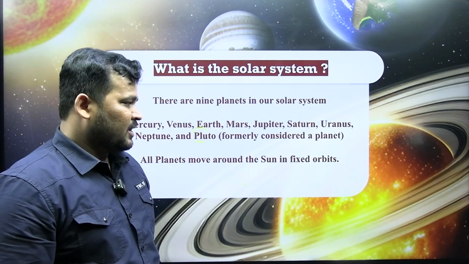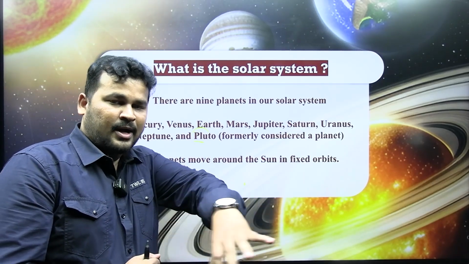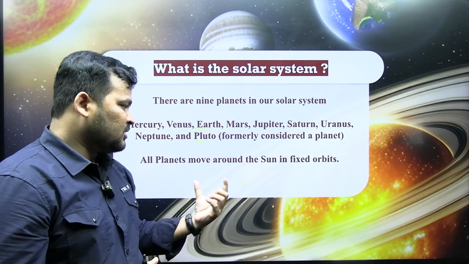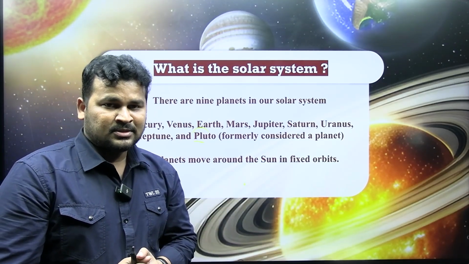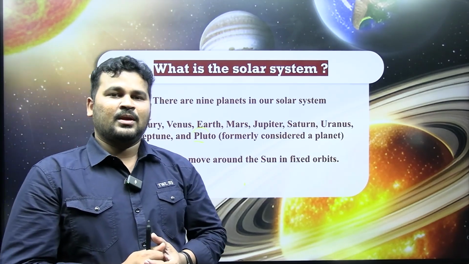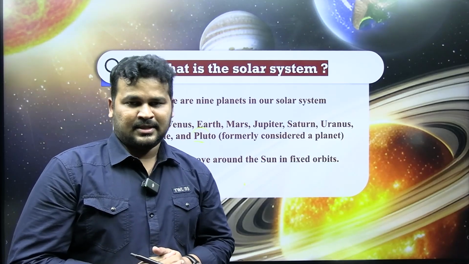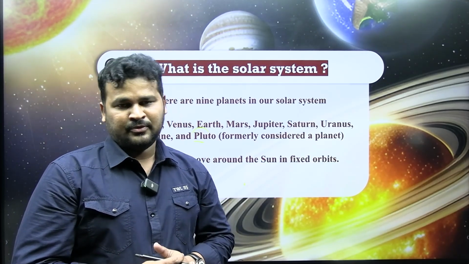We know that. Each and every planet is rotating and revolving around the sun. Why are all the planets revolving around the sun? There is a scientific reason for that. What is the scientific reason? One is gravitational force.